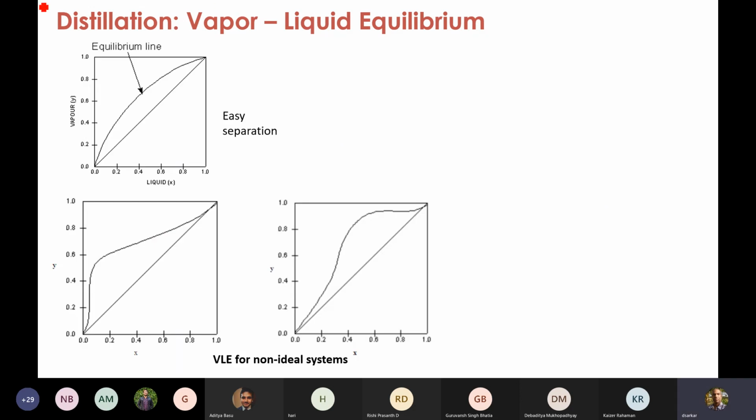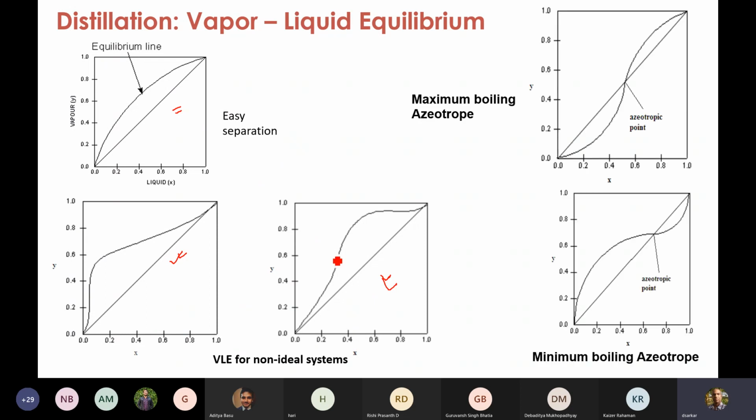You will find various types of vapor liquid equilibrium curves. This is a more idealistic looking curve, where it's much easier to separate. But this kind of curve shows that there is non-ideality in the system. This is more representative of non-ideal vapor liquid equilibrium data.